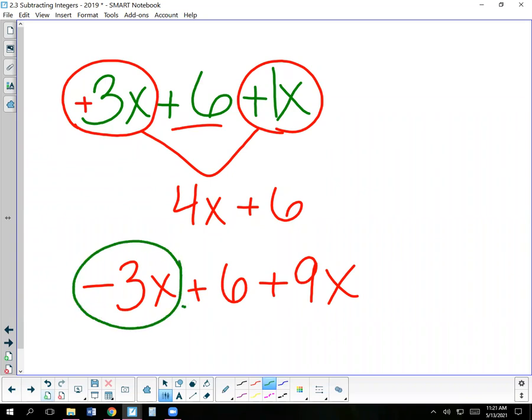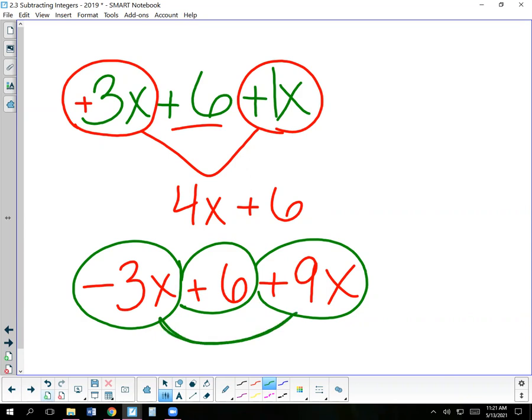I have a +6, and I have a +9. What am I only allowed to add? My like terms. So who won, good or bad? Good, by how many? 6. So it'd be +6x or just 6x. Does anybody go with 6? No, you just tag it along. That's the difference. We're going to spend a little bit of time on that.